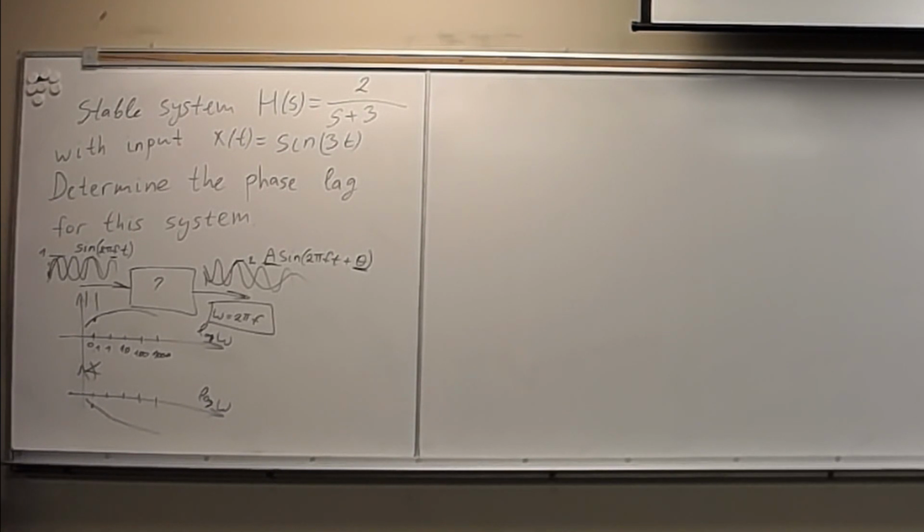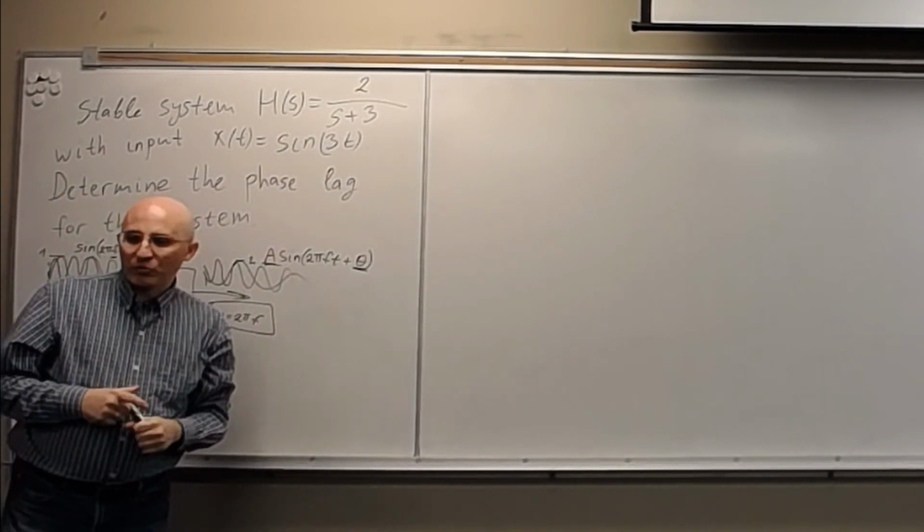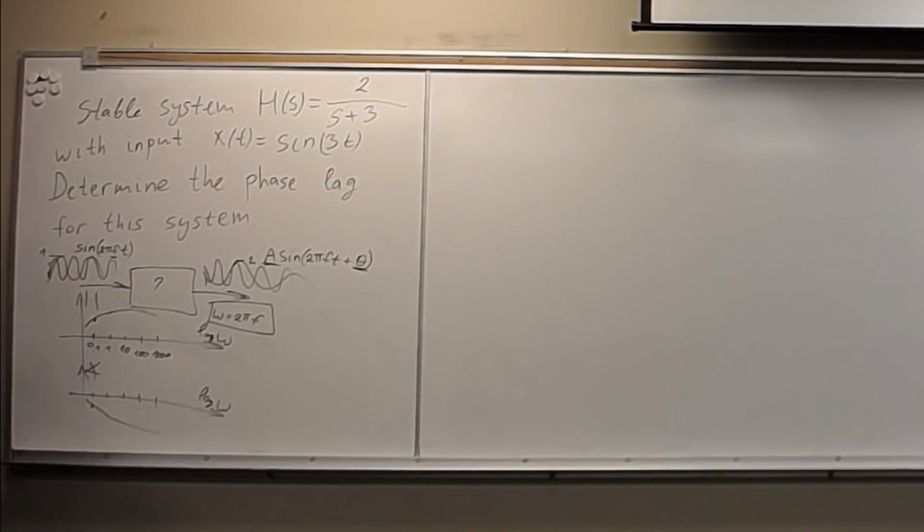And I'm just repeating the problem from the previous lecture. If you remember, it took us like half an hour to solve that kind of question where you have some system given by a differential equation, but it's very fast to find the transfer function from the differential equation just by looking at the coefficients. So we found the transfer function 2 over s plus 3.